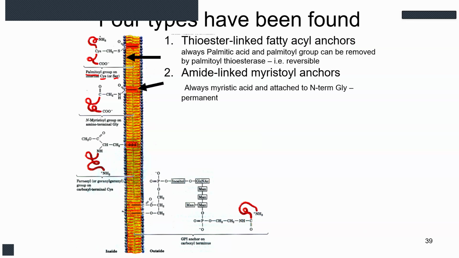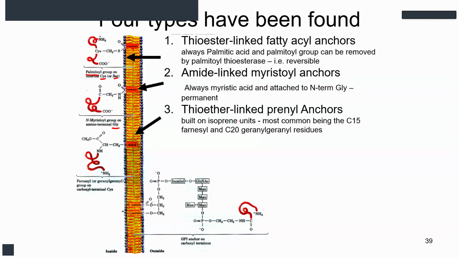You can have an N-myristic group added on the amino termini of glycine, an amide-linked myristoyl anchor. Then you could also have a thiol ether-linked prenyl anchor. So this would be a farnesyl group added to a cysteine. So your targets are going to be cysteine, glycine, or a cysteine or a serine.